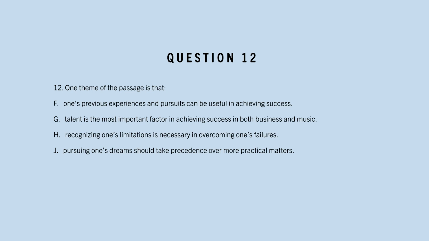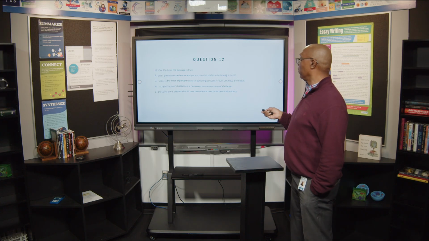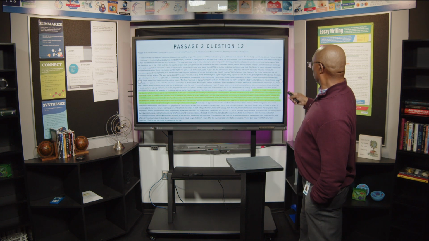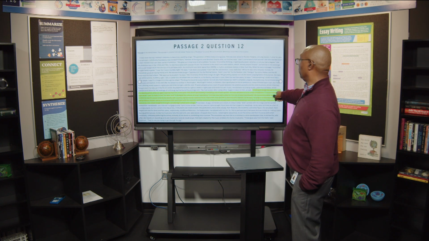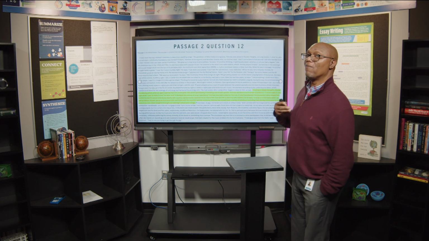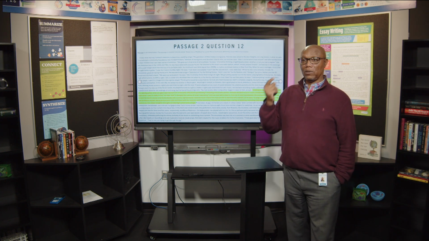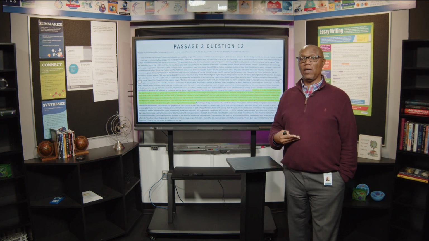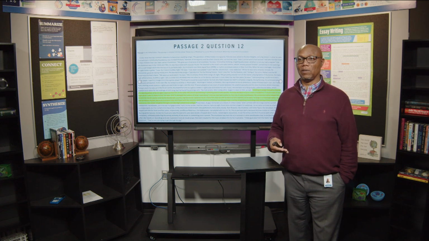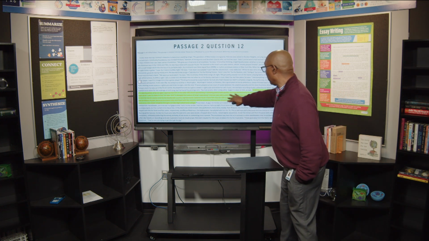When we delve into the passage, it tells us he's unwilling to resign himself to the life of a starving artist. He wanted to make a living doing something he enjoyed, but if he couldn't do that, he was perfectly content to do something else. That's what the rest of that paragraph talks about.